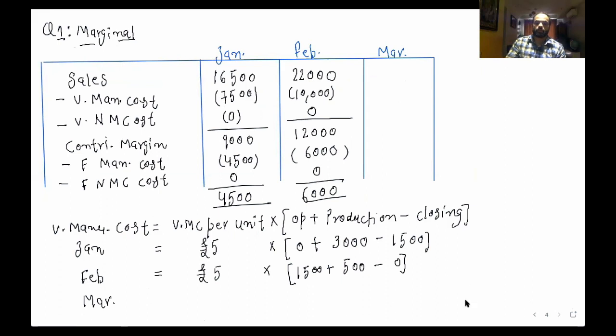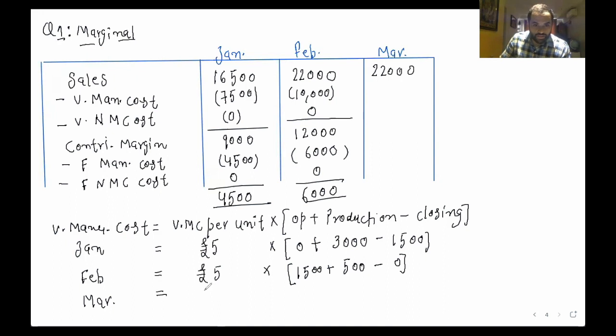All right. Now, let's move on to March. How much is the sales for March? Okay, so sales for the month of March is 22,000, and variable manufacturing cost.